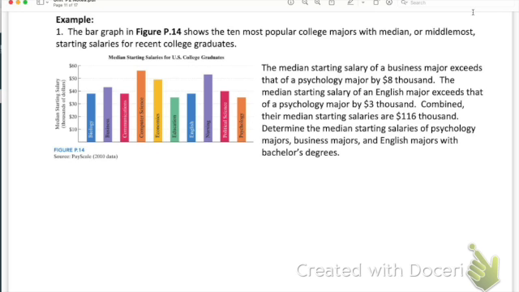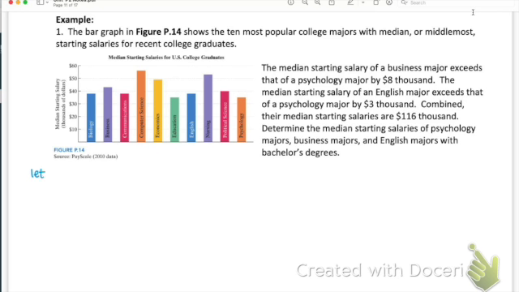If I know what a psychology major makes, I can figure out business. And then it says the median starting salary of an English major exceeds that of a psychology major by $3,000. So again, if I know psychology, I can figure out English. So it sounds like the one that I need to describe all of the others is the psychology major.